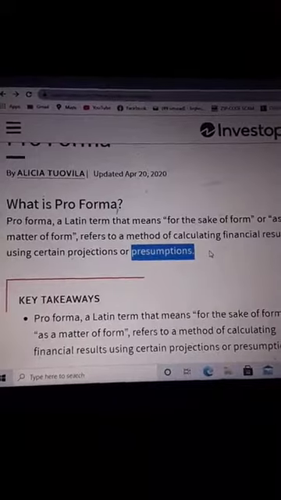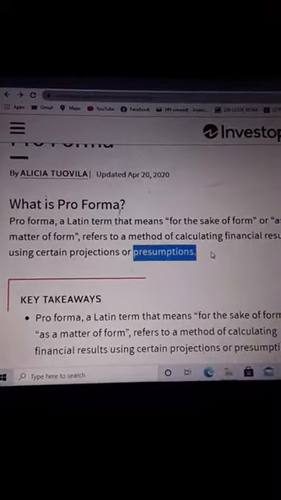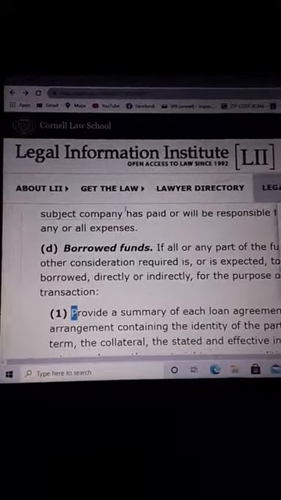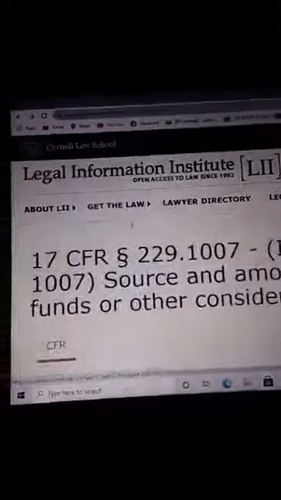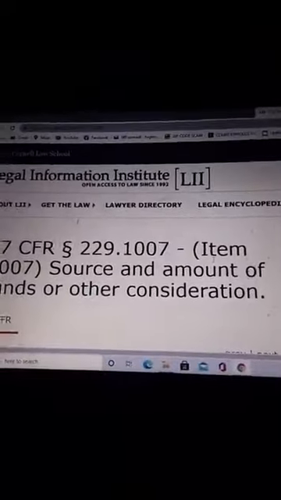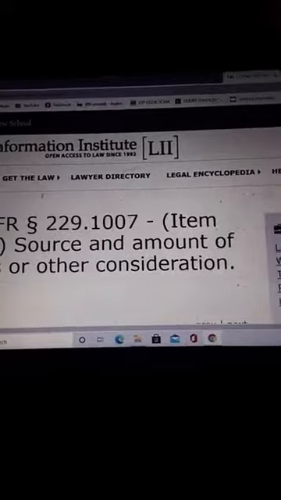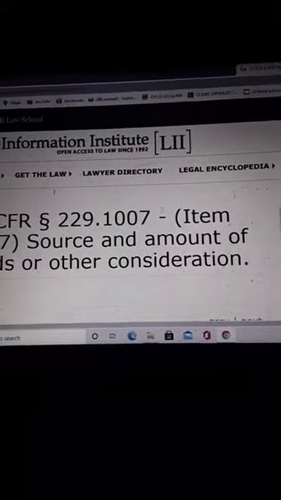Their forms are always about presumptions, folks. Always. And as we look at the source and amount of funds or other consideration, this is at 229.1007.